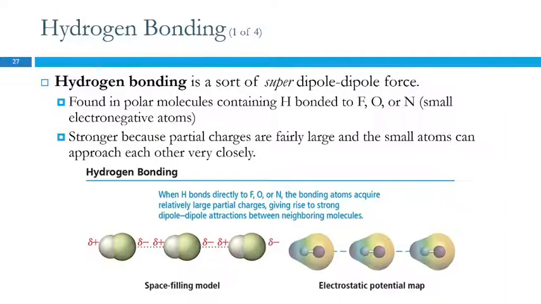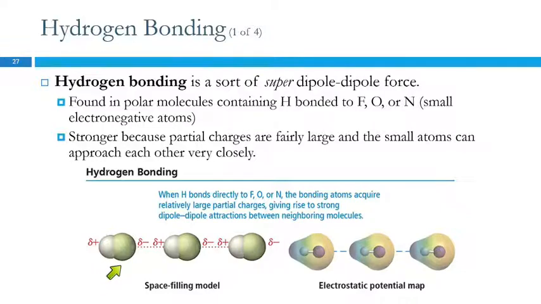So we get stronger, larger partial charges, so stronger forces, and the small atoms allow these molecules to get close to each other, so shorter distance also gives stronger interaction.